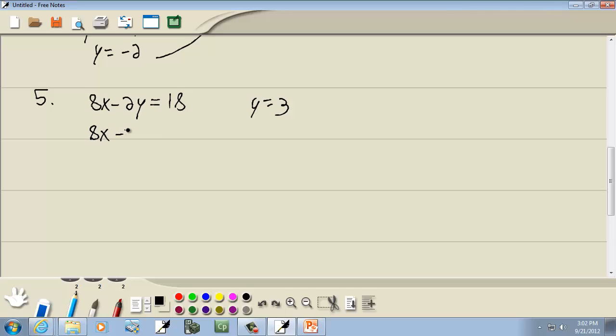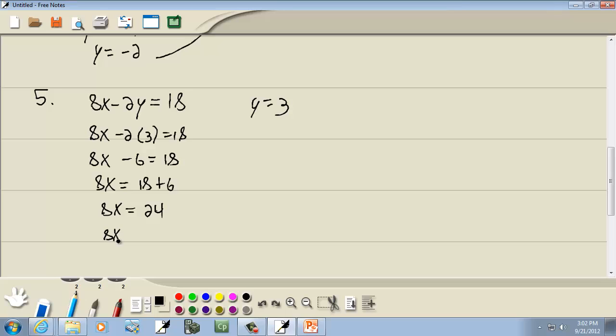So I have 8x minus 2 times 3 equals 18. Negative 2 times 3 is negative 6. Take negative 6 to the right side, it becomes a positive 6. Again, anytime you take anything across your equals, the sign changes. 18 plus 6 gives us 24.